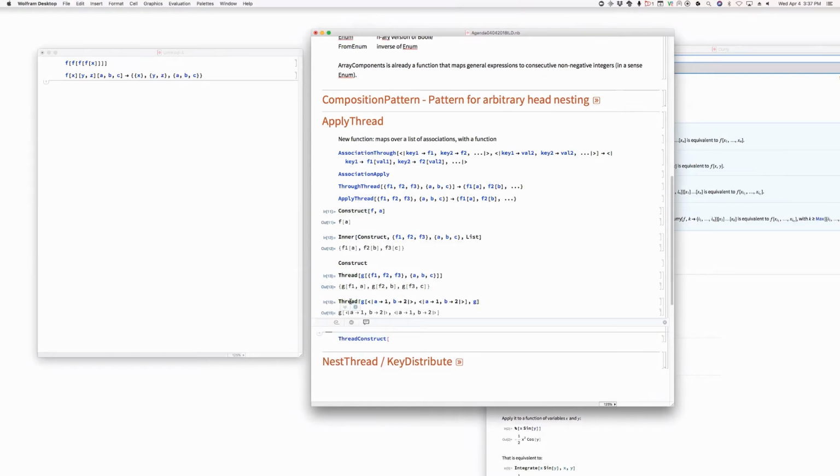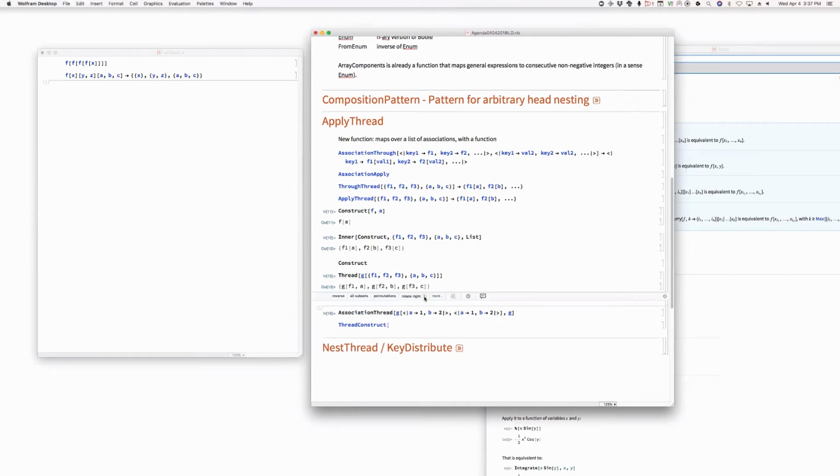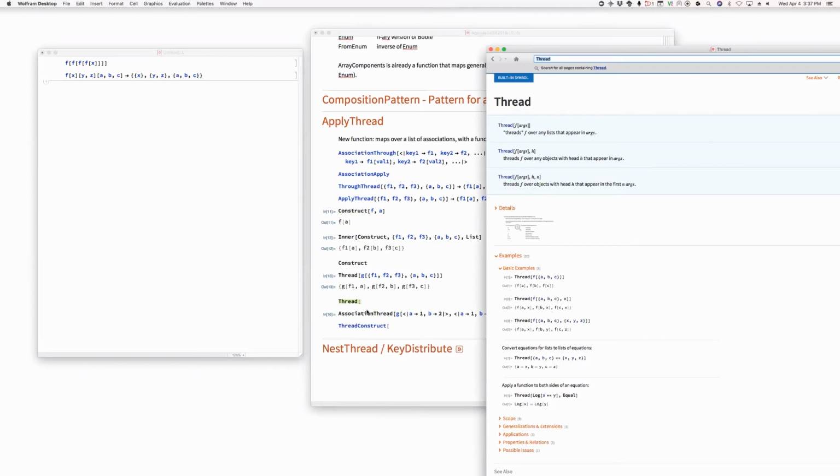Or perhaps association, comma association. Wait a minute. What is association thread? That's like map thread. No, sorry, you're right. That does a different thing. That's taking a list of values and a list of keys and creating an association. Okay, so the question is, why does thread not work with associations? Clearly, it's a little tricky because it's a question of reordering in the associations and so on.